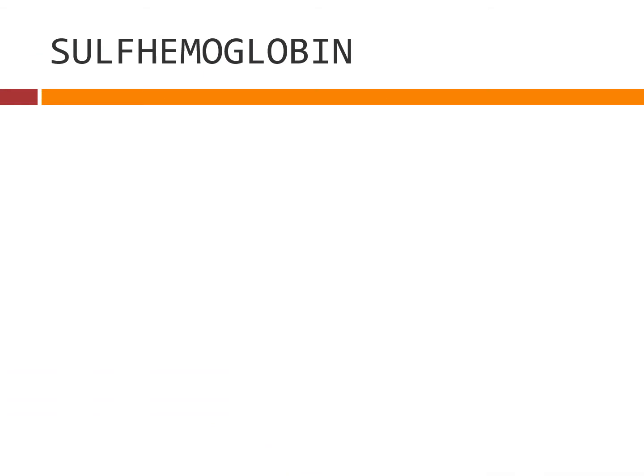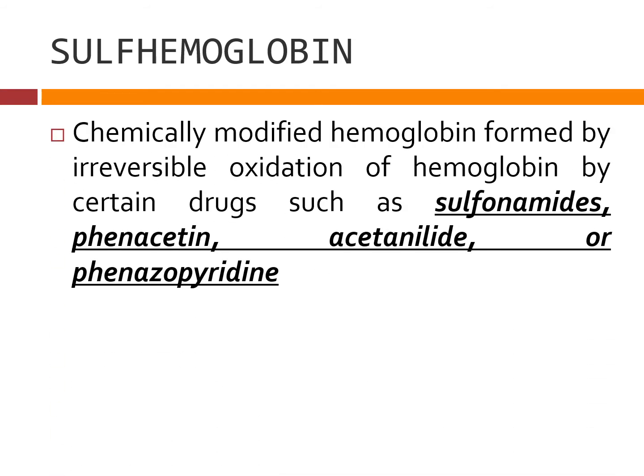Now let's move on to the next variant hemoglobin, your sulfhemoglobin. Sulfhemoglobin is chemically modified, and it is formed by irreversible oxidation of hemoglobin by certain drugs such as sulfonamides, phenacetin, acetanilide, or phenazopyridine.